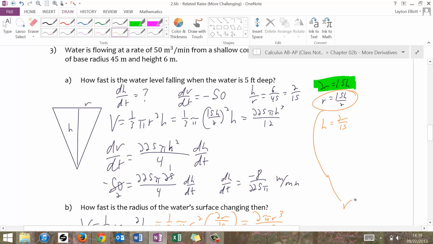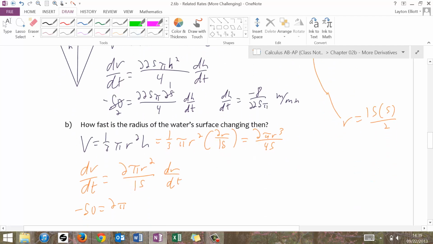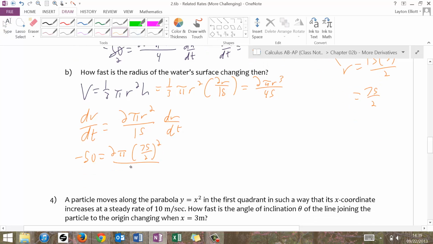So if I bring that down here, R would be 15 times, let's see, 5 feet deep, so 15 times 5 over 2, which is equal to 75 over 2. So I'm going to plug that here, (75 over 2) squared over 15 dR/dt.